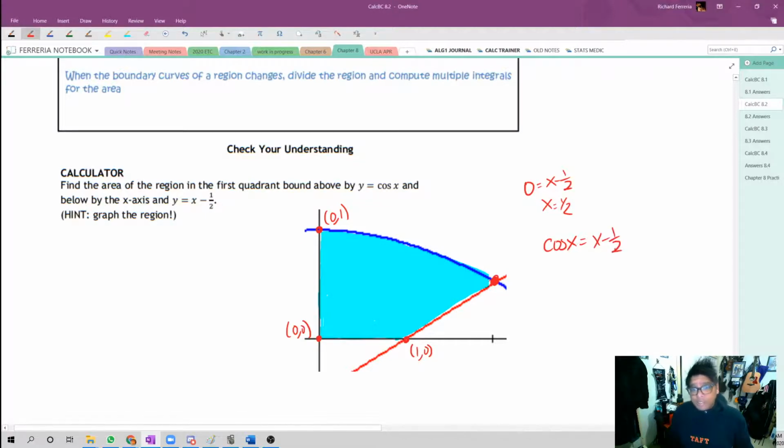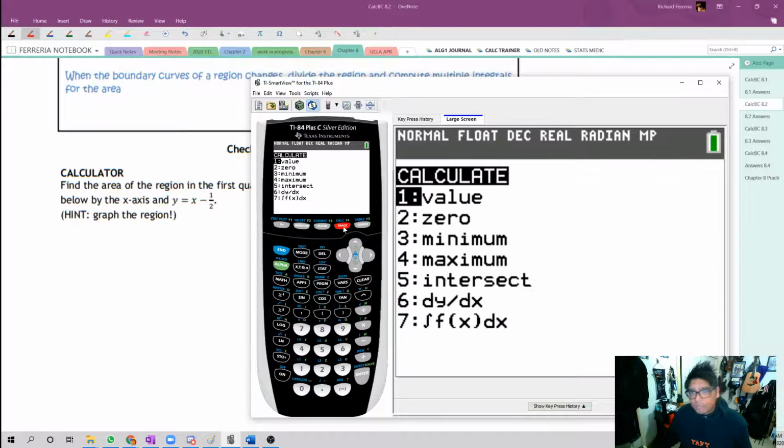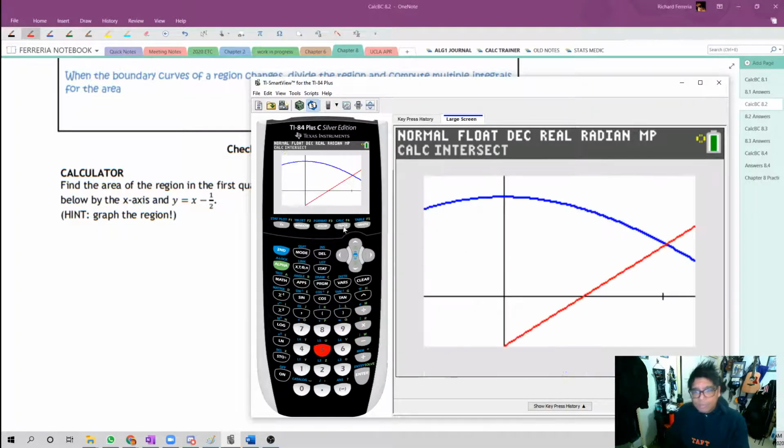Now that's not easily gotten, so we'll go back to our calculator and use it to find that intersection point. Second, calculate, intersection. It's usually my habit to start off by cursoring over to the point of intersection.